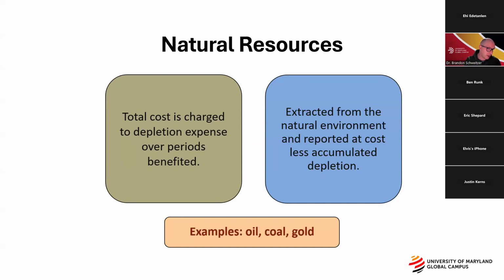Depletion is the process of allocating the cost of the natural resource to the period when it is consumed. Natural resources are reported on the balance sheet at their cost minus the accumulated depletion. The depletion expense per period is usually based on the number of units extracted from cutting, mining, or pumping. This is similar to units of production depreciation.